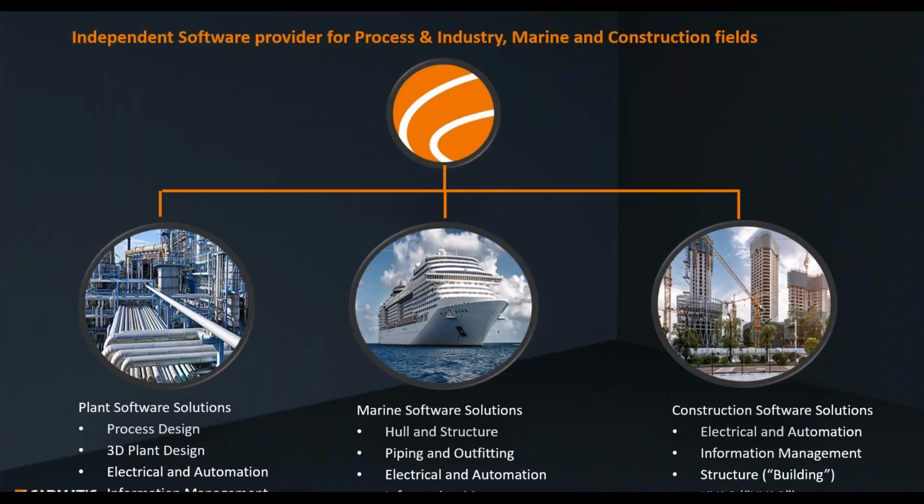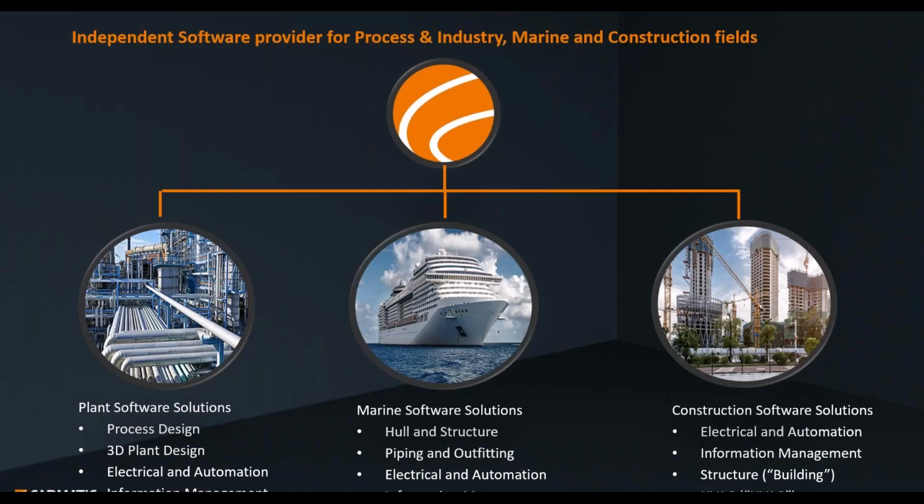Basically, we operate in 3 verticals. First one is process and industry, then marine and construction. In process and industry, we provide the best solution for plant customers, and we have a strong presence in Indian process and nuclear industries.